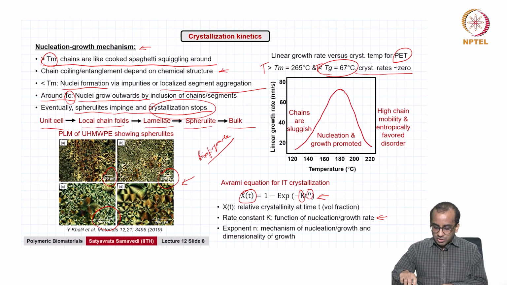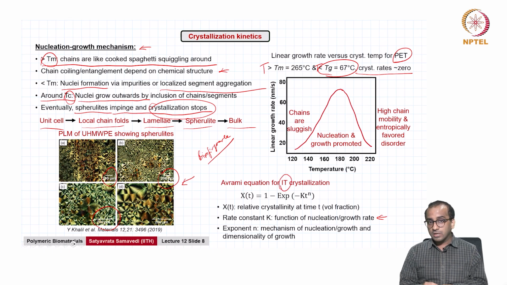And it should be quite clear that this equation can only be used for isothermal crystallization because you do not see the parameter for cooling rate showing up anywhere in this equation. So, right away there is a clue here that tells you this can be used only for isothermal crystallization.